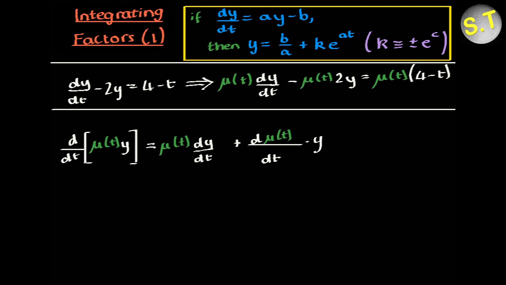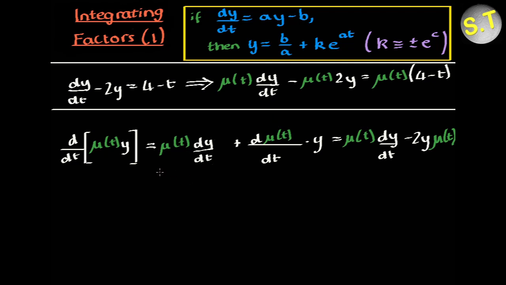And if this doesn't make sense to you, I would encourage you to watch videos 02.3 in the calculus playlist. And notice as well that this needs to be equal to the left hand side of this equation as well. Okay, so next we need to work out what our actual integrating factor is.